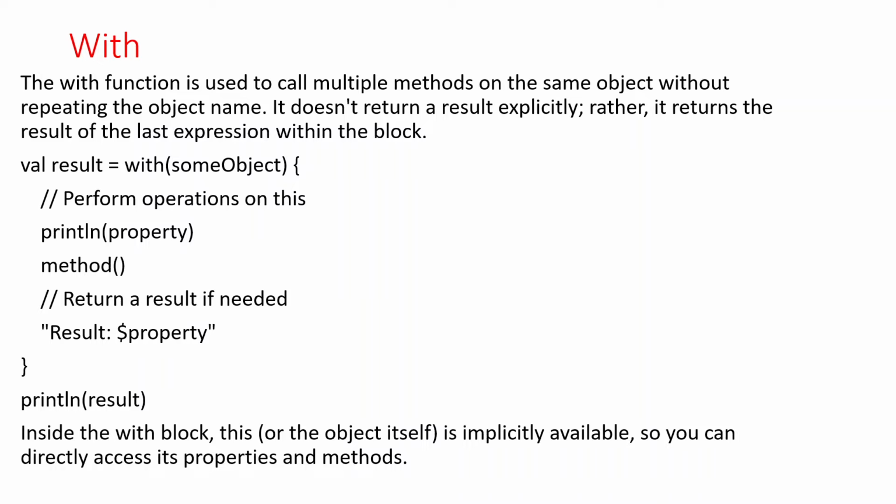Here is the syntax: val result is initialized to with(some object), perform operation on this, println property, method return a result if needed, result property, println result. Inside the with block, this, or the object itself, is implicitly available, so you can directly access its property and method.